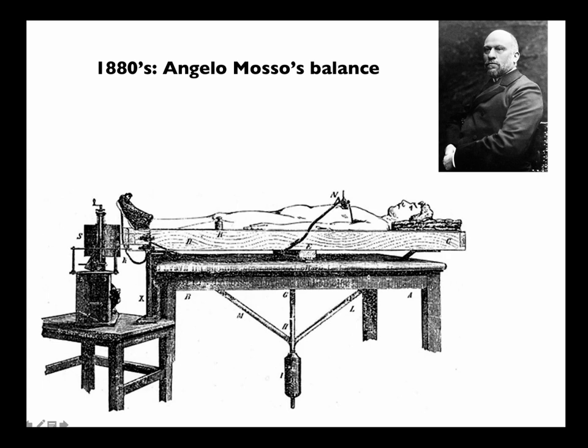He placed people on a very carefully, delicately balanced balance, gave them certain stimulation, had them do mathematical problems or something, and as the blood rushed more into their brain, the balance would tip, and that would show that blood flowed into the brain. There's a whole book written about this guy and these experiments. But my feeling is that fMRI will look pretty much like this to those people 150 years from now.